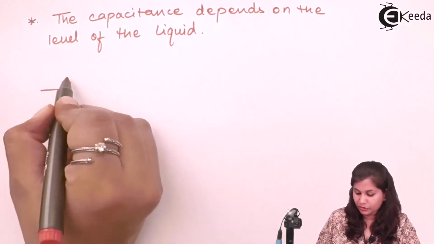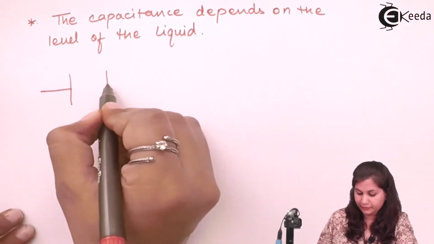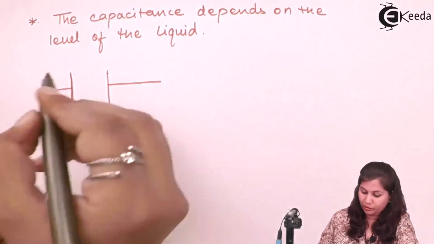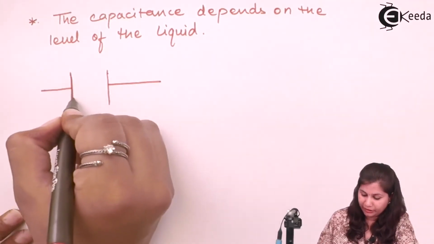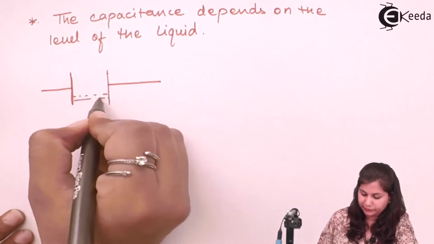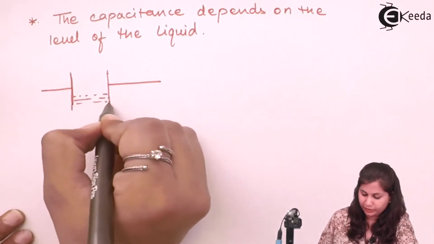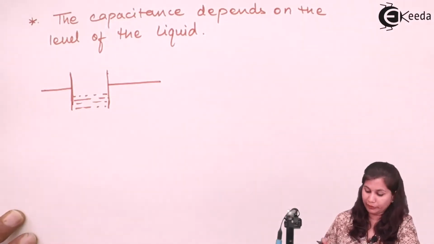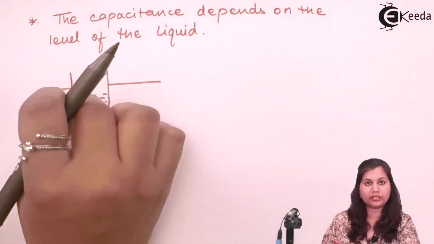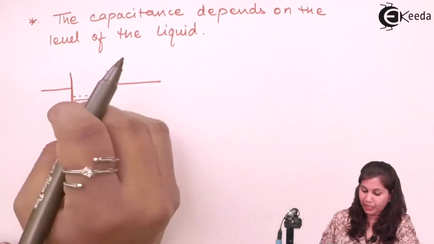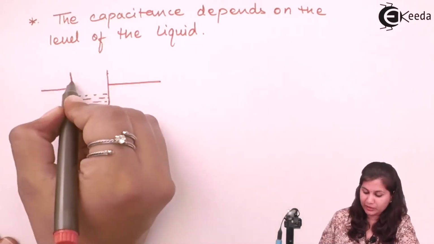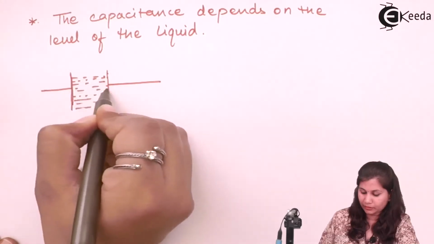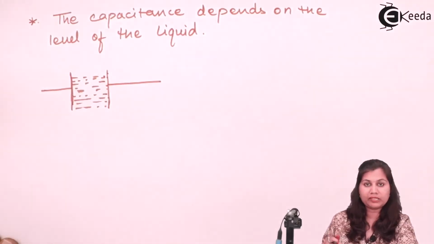If you see, it is the capacitor: it is the tank wall and it is the insulated electrode. Now if in between these plates we are having only this much amount of liquid, the capacitance value will be different. Now if this level is increased up to this level, the dielectric medium is changing.